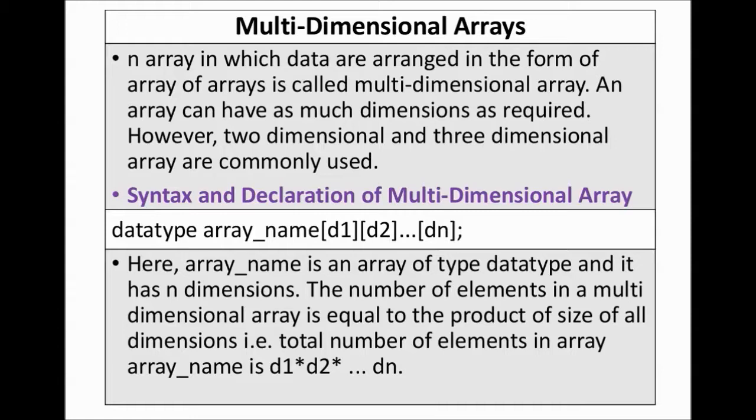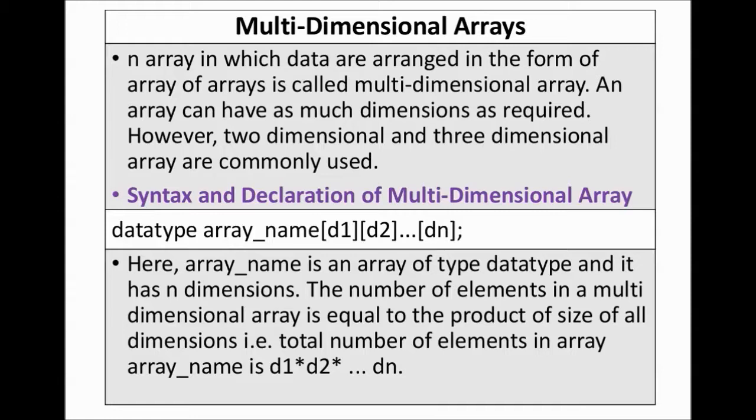The syntax of a multidimensional array is: data type, which indicates the data type of the array, then the name of the array, and then the number of dimensions. So far we have seen only one dimension, so we use single brackets.